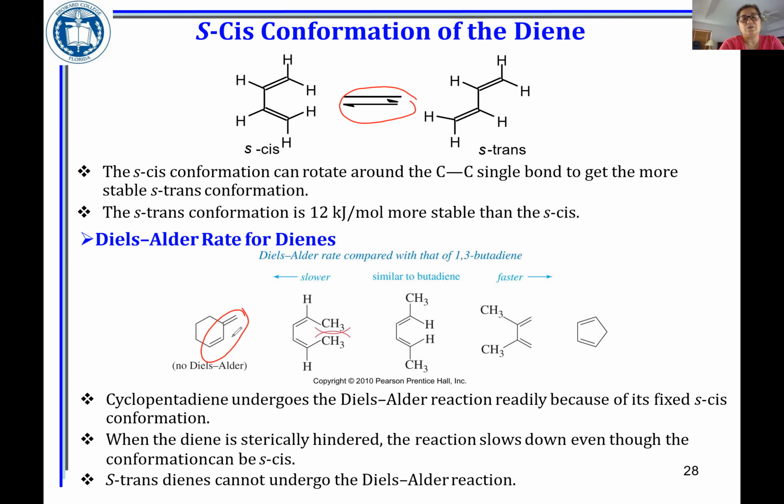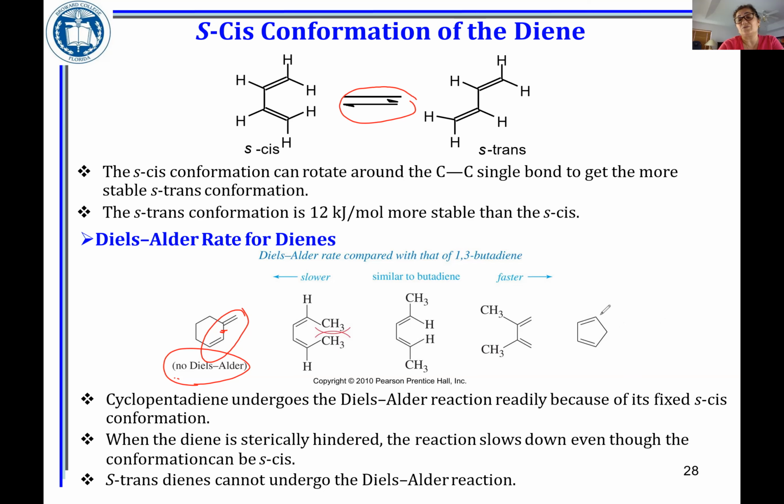Now, in order to go to cis position, it cannot be restricted. You see, this single bond is part of a cyclic system, and it cannot be rotated. And since it cannot be rotated, no Diels-Alder for this molecule. This one is restricted to a cyclic system, already in place as a cyclic form. There is no way for this to go back to trans, so it's ready to react.